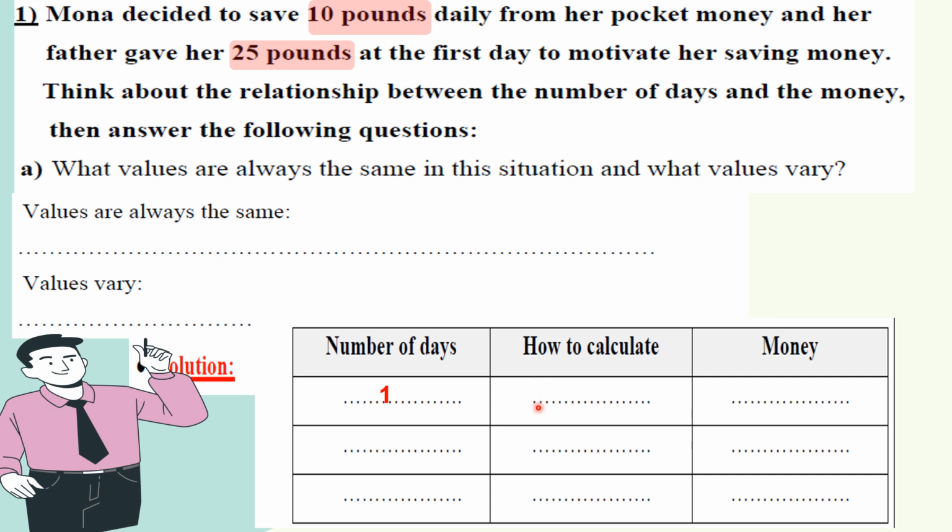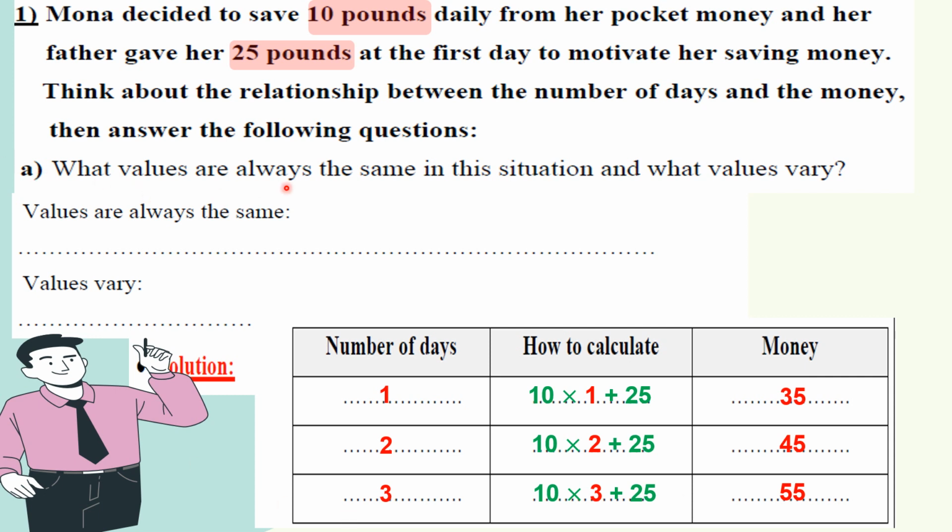So it will be 10 times 1 in 1 day plus the 25. So here 10 times 1 is 10, plus 25 is 35. If we have 2 days, in each day 10 LE, so she will save 10 times 2 plus the 25, which equals 45. In 3 days, it will be 10 times 3 plus 25, which equals 55.